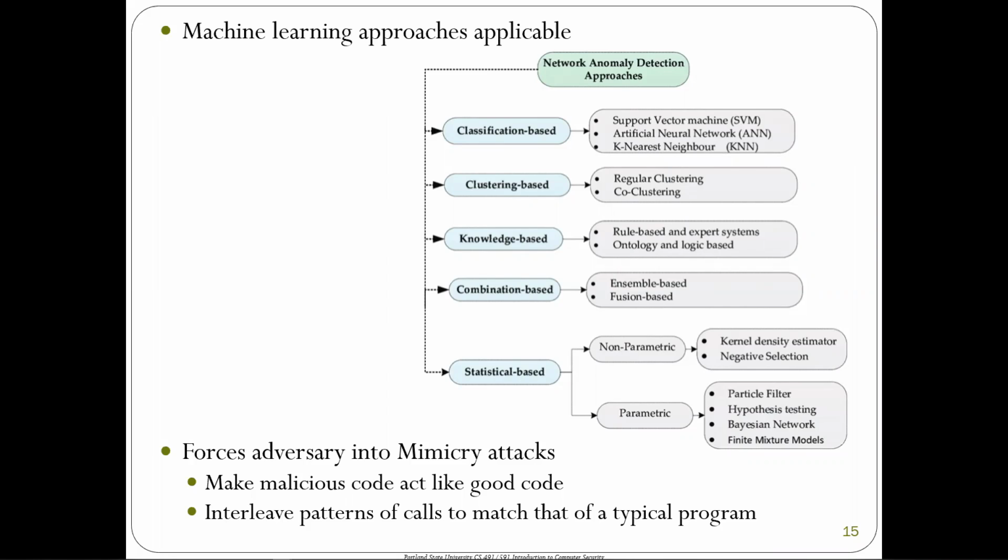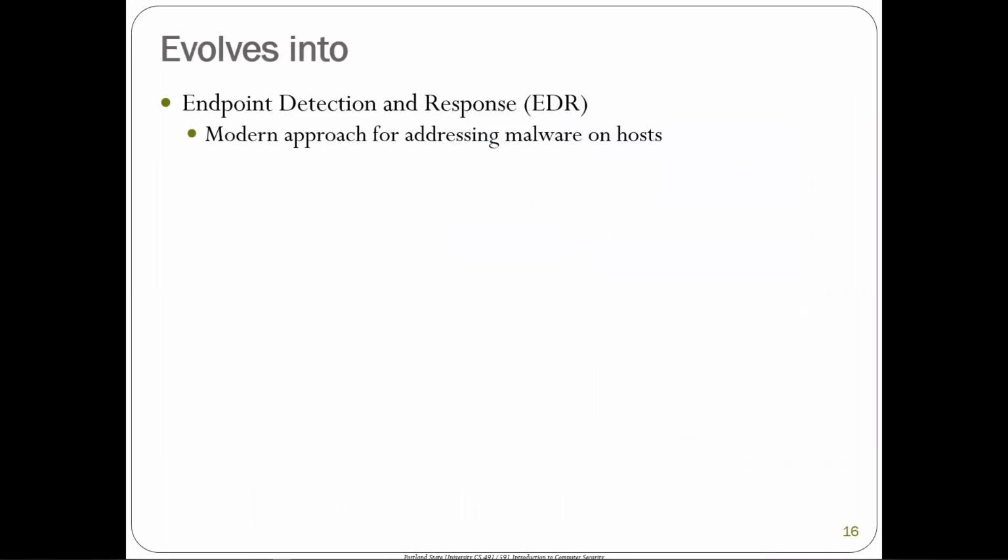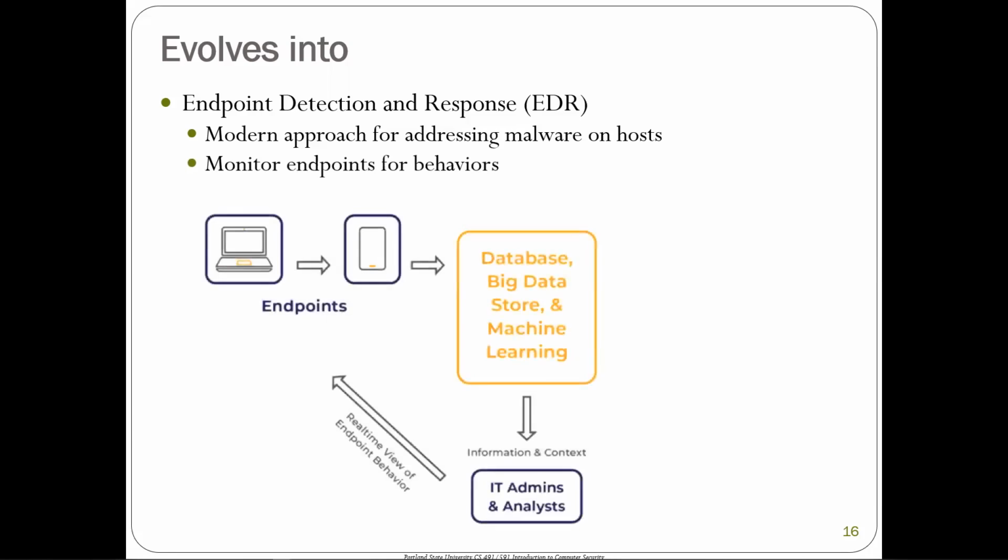Okay. So all of this has evolved into what we have now, the endpoint detection and response system. And this is basically the modern approach for doing malware detection on hosts. And so the sequence is to monitor your endpoints for all these behaviors and to build a huge model. And that's what this looks like. You take all your endpoints, you collect all the data from the execution of these endpoints into a big old back-end data warehouse. And then you run some kind of machine learning algorithm on top of all this data.